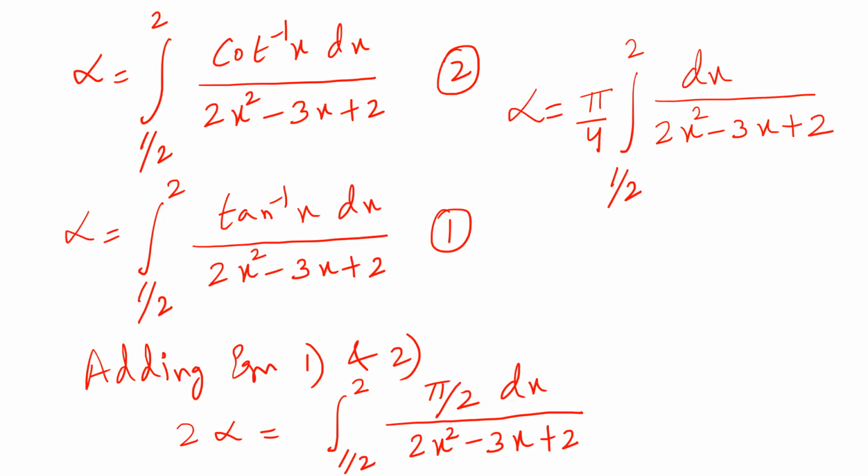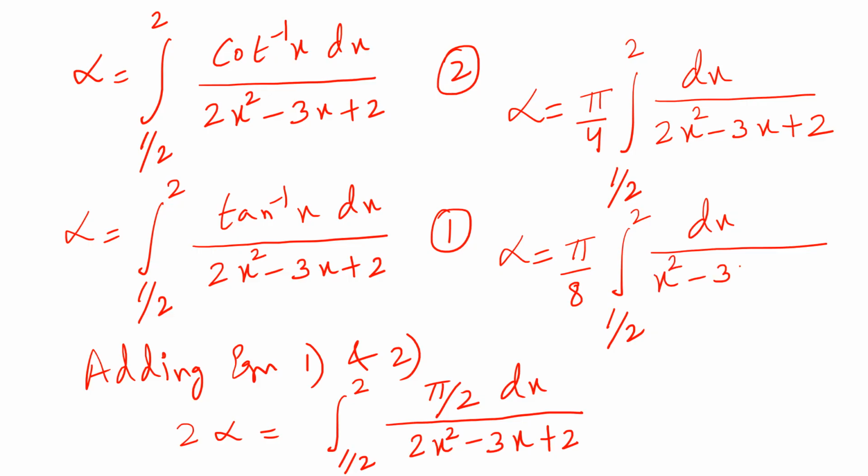Now the question has become easier to solve. Now alpha becomes equal to pi upon 8 into integral 1 upon 2 to 2 dx upon x square minus 3x upon 2 plus 1. I have taken out 2 common from the denominator.